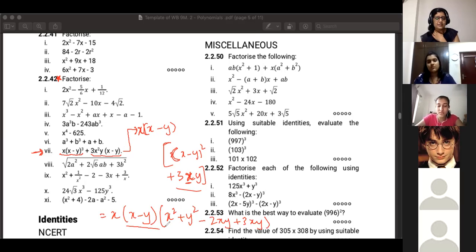Now, does this look familiar to you? Actually, let me simplify this further. Minus 2xy plus 3xy, what will it be? It'll become positive, simply xy. Plus xy. So now does this look familiar to you anyway?